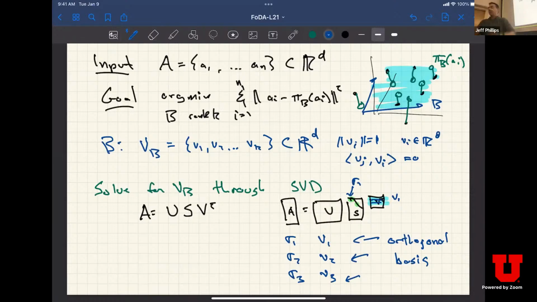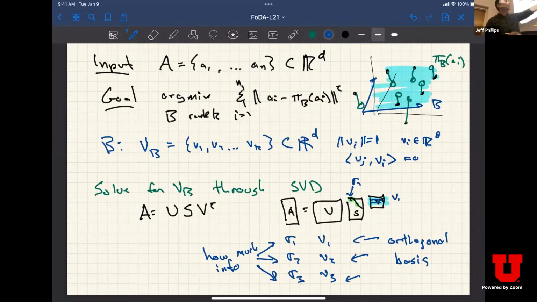I'm slowly building this up, and the singular values are saying how much information is captured. That's what's represented in this singular value decomposition.